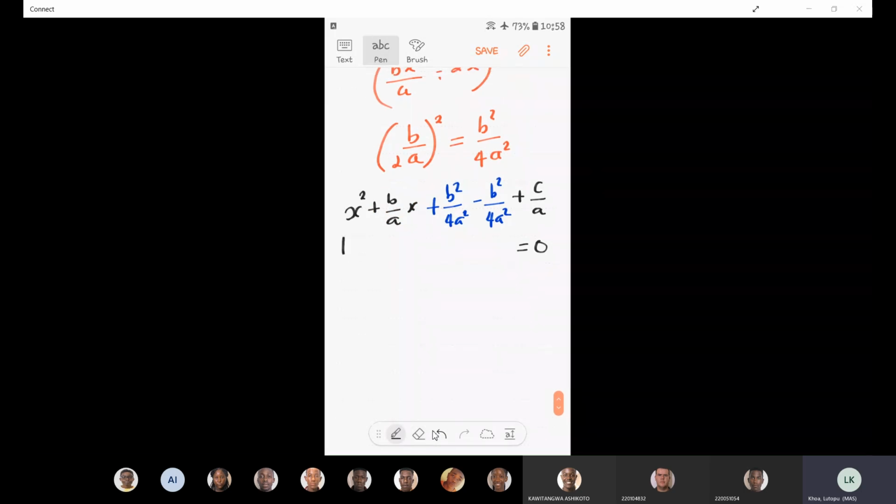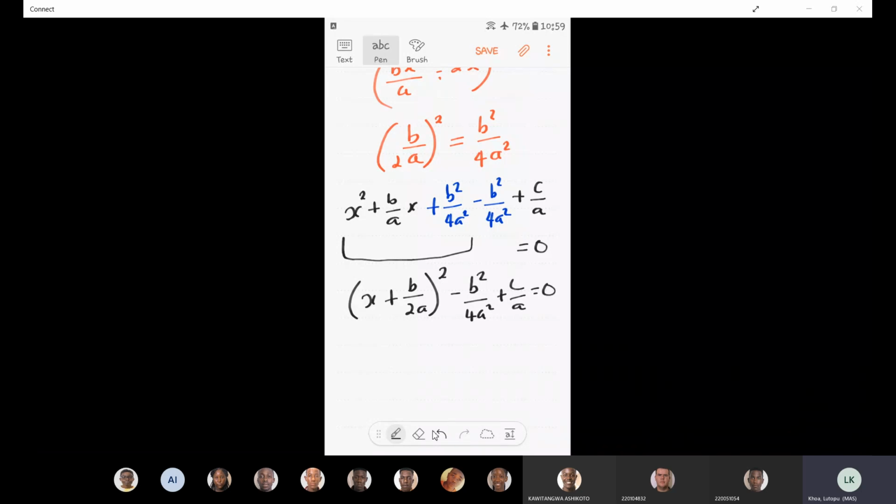Then these three terms can be factored. They make a perfect square. So this is x plus b over 2a, and then I'm left with minus b squared over 4a squared plus c over a, and this is equal to 0.